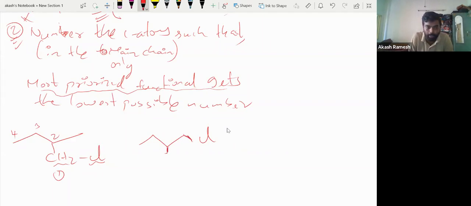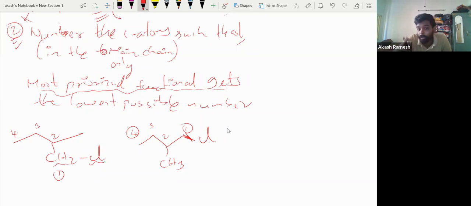Basically, I have a methyl group here. If I had written it like this, then you wouldn't have had any confusion. Obviously, you would have started numbering here: 1, 2, 3, 4. However I give the compound, you have to find the longest possible chain.